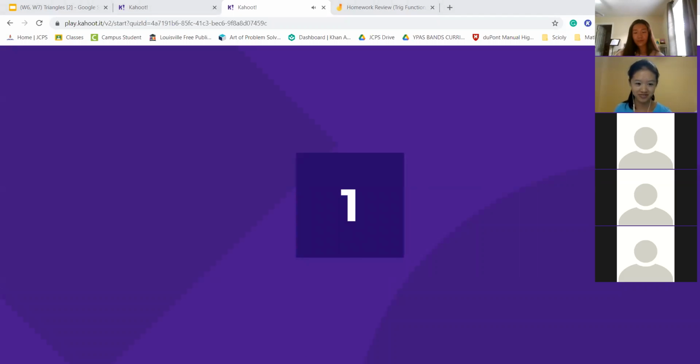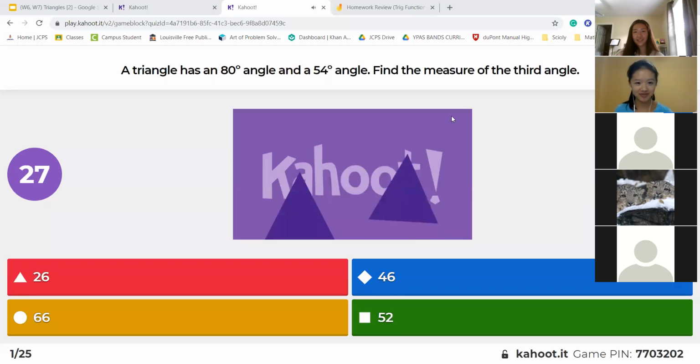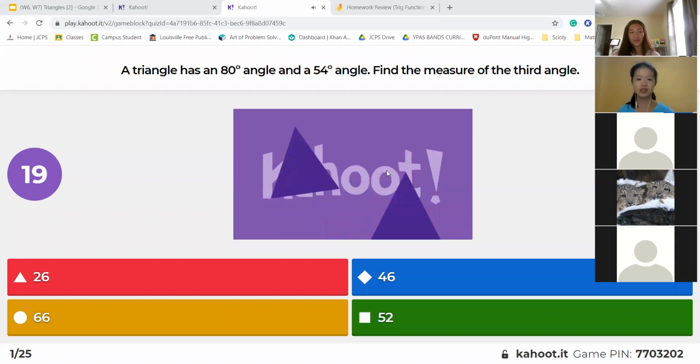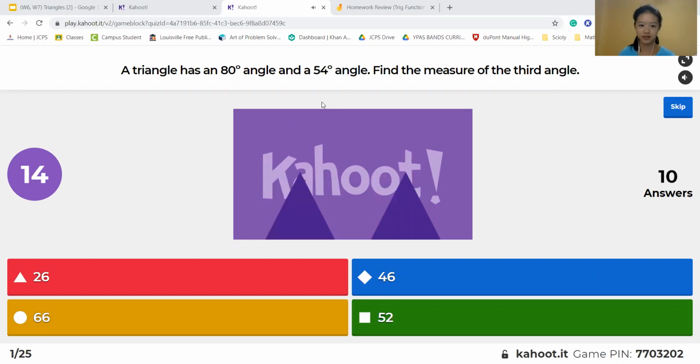Uh-oh, it froze. Oh, it's here now. Why does it keep freezing every time we try to do a Kahoot? Maybe it doesn't like Kahoots. Maybe she wants to skip the animation. Screen's frozen.